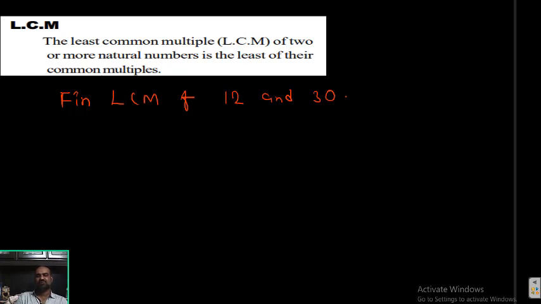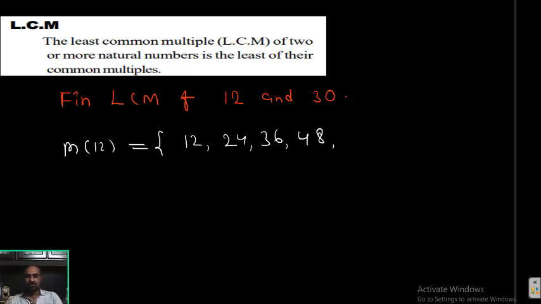First of all, multiples of 12 should be found. Multiples of 12: 12 ones are 12, 12 twos are 24, 36, 48. After that, 60, 72, 84, 96.